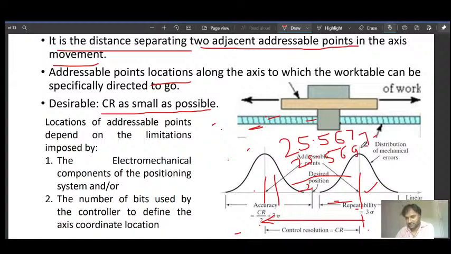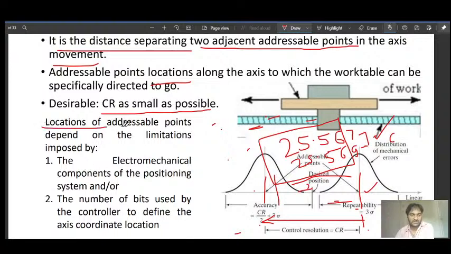As you can see, this is desirable. There is a control resolution CR of 0.002 that is smaller than in the previous case, when we were taking only these two values, 25.56 and 25.57.